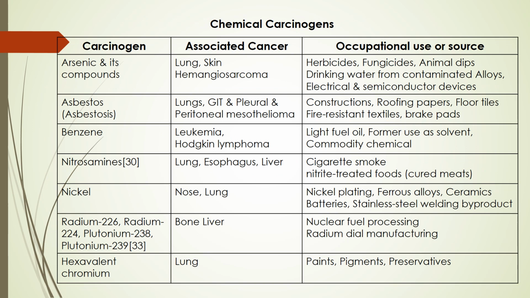Chemical carcinogens, the topic. In the first column we have names: arsenic and its compounds, asbestosis, benzene, nitrosamine, nickel, radium, hexavalent chromium, etc. Now, the cancers associated with these carcinogens: for arsenic, lung cancer, skin cancer, and hemangiosarcoma. It is used occupationally, for example in herbicides, fungicides, animal dips, drinking water from contaminated sources, alloys, and electrical and semiconductor devices.